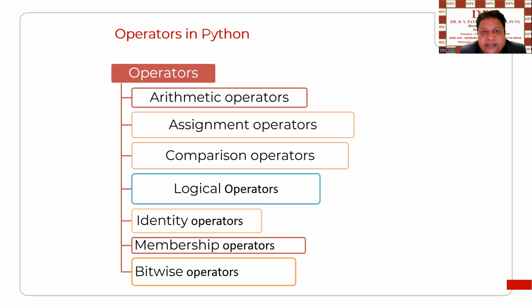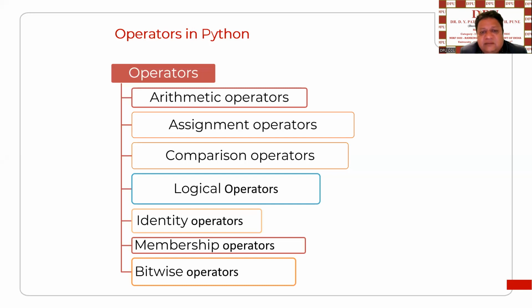Assignment operators are used to assign a value to a variable which is on the left hand side of the equal sign. We have simple assignment, and we have compound assignment as well. We will see how we can use simple assignment and compound assignment, and what the difference between them is.